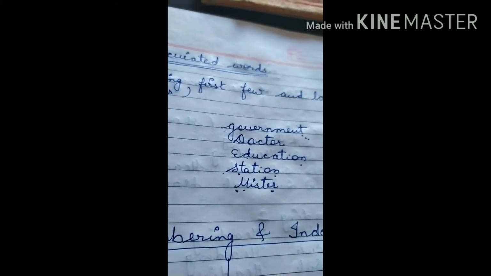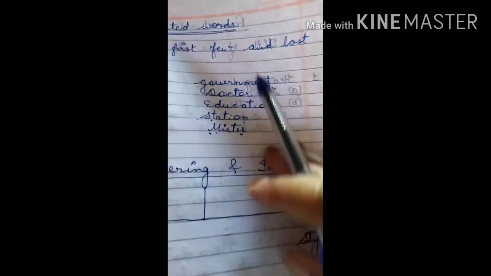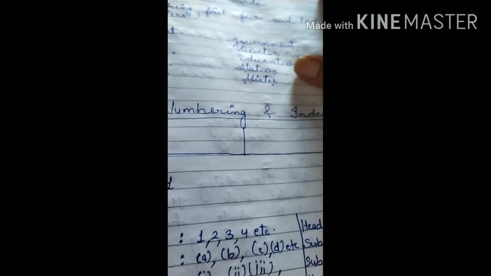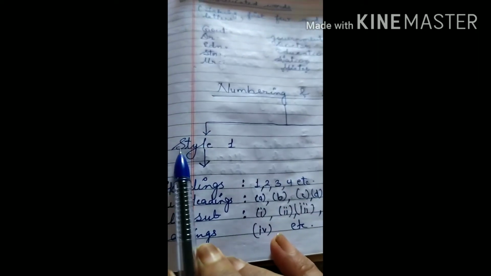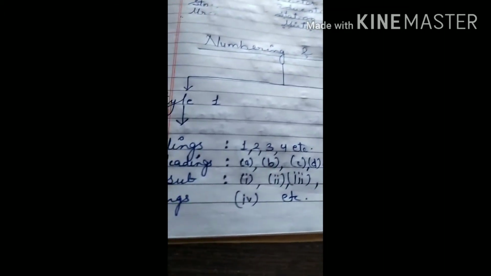These points should be logically numbered to understand better. Let us understand how to number our points in an effective way. For this numbering and indentation, there are two styles, style 1 and style 2.